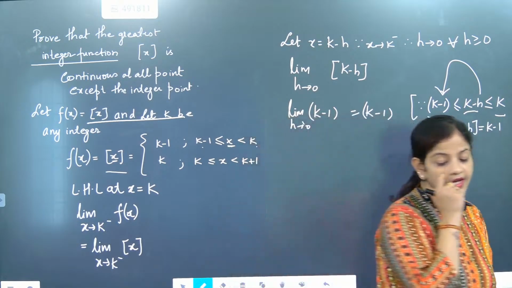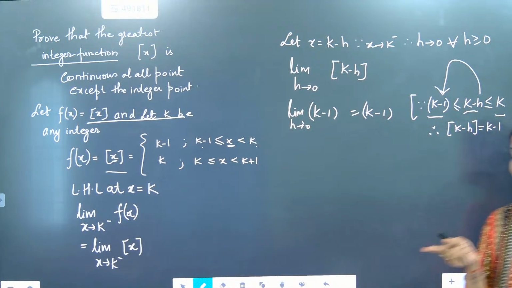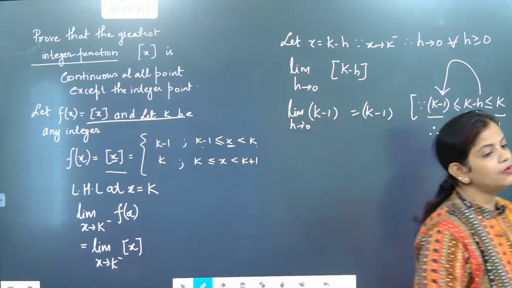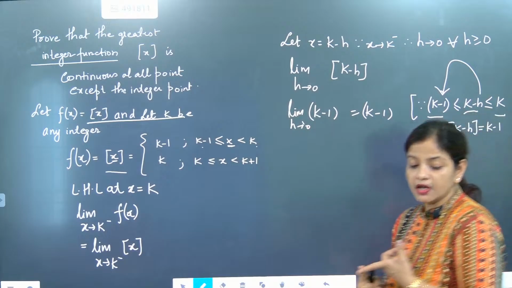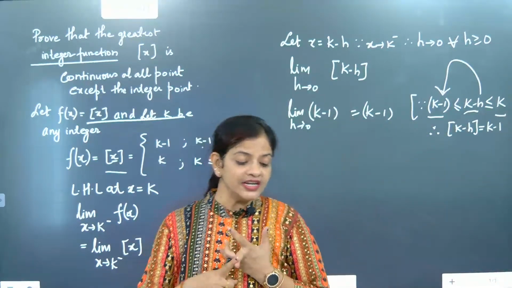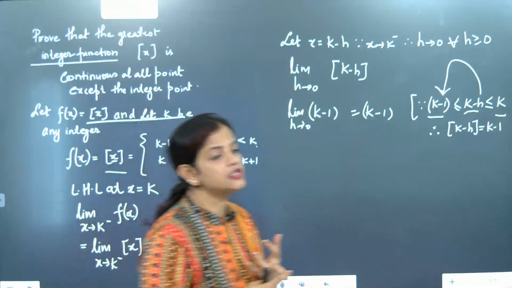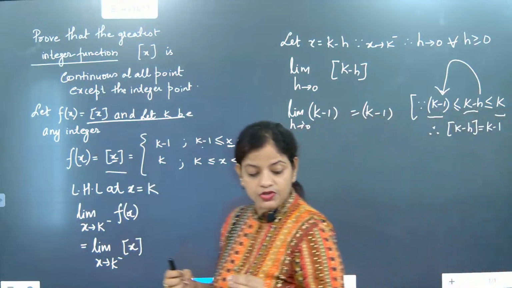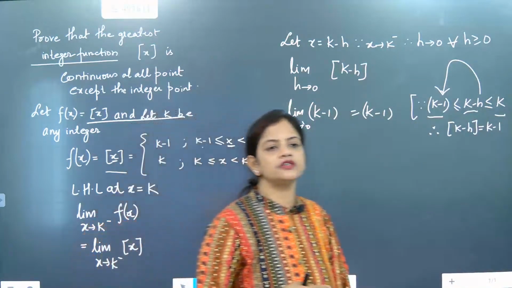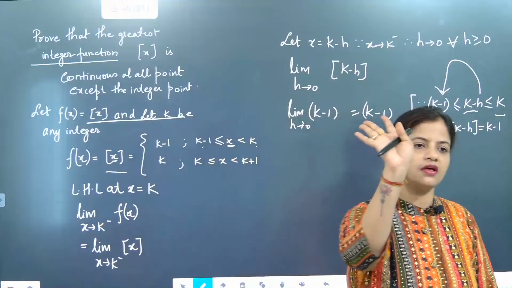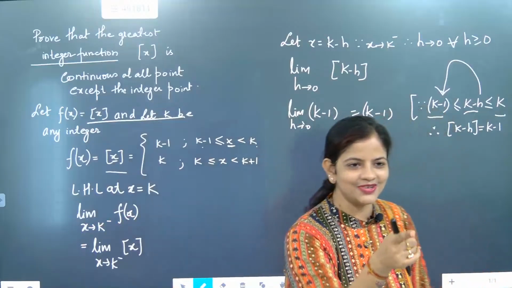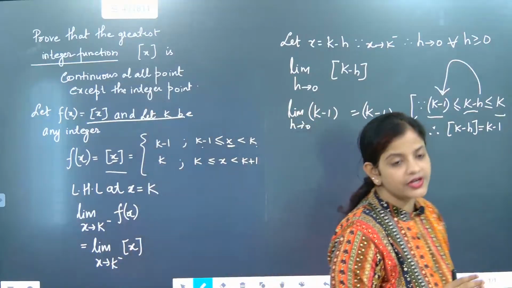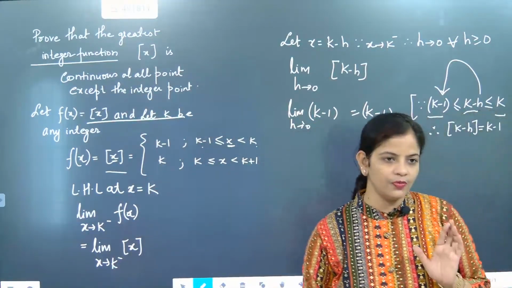This is for integers. Always remember, I am doing this right now for integers, not for real numbers. The moment I do it for real numbers, it will be continuous. For integers only, the greatest integer function is not continuous. So always switch to see that the greatest integer of x minus will be k minus 1. Everything you can solve yourself. If this basic is with you, you will be able to handle any question regarding the point.